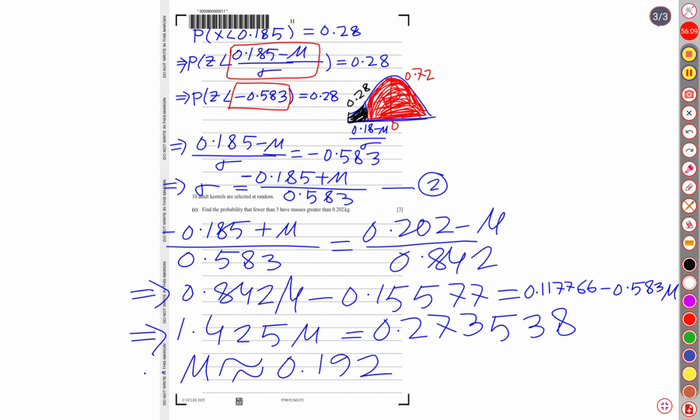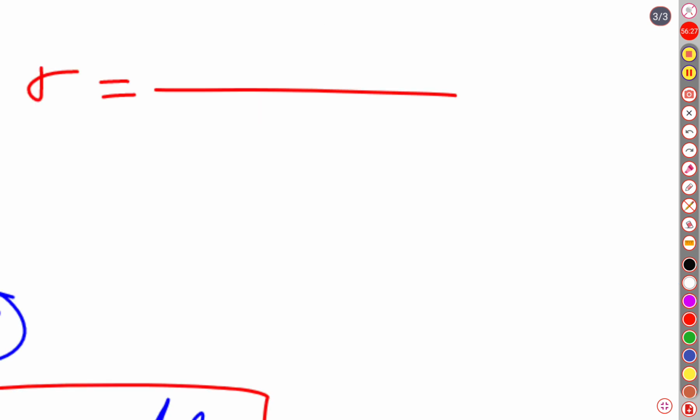Then we will find the value of our sigma. Any of the equations can be picked up. Let us pick up this one. Sigma is equal to 0.202 minus our mean value, which was 0.191955.